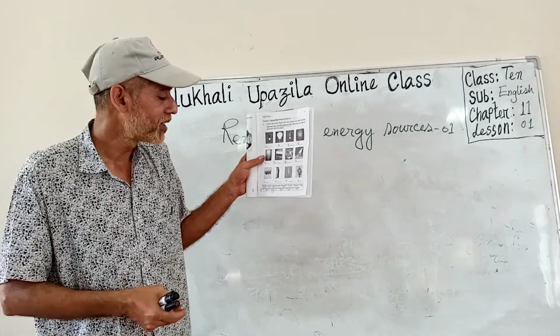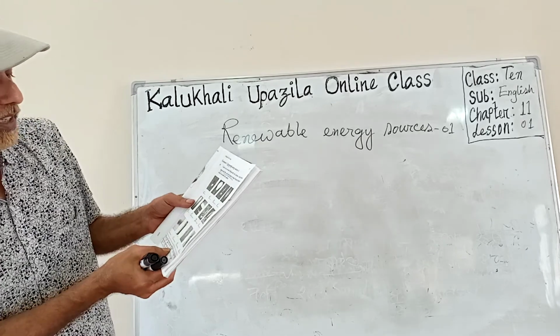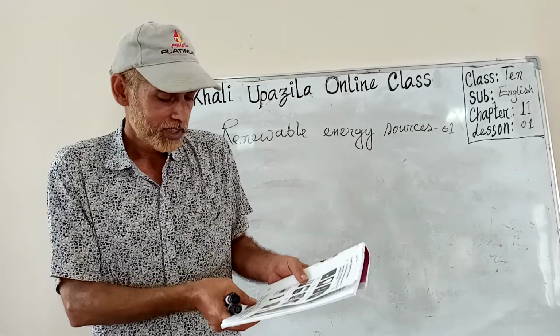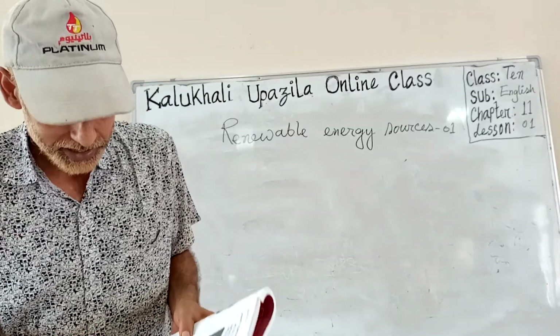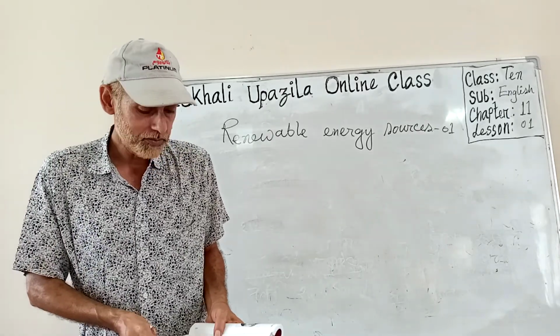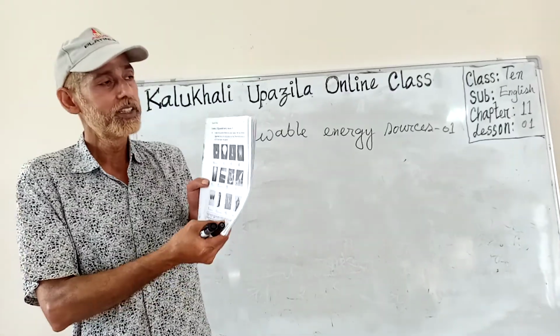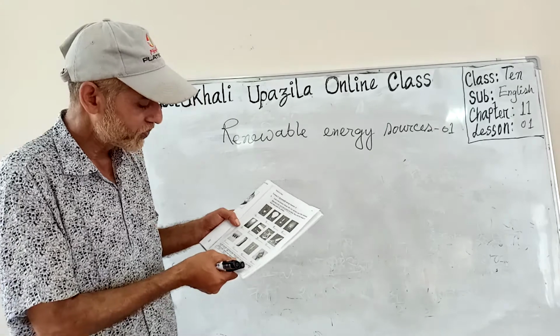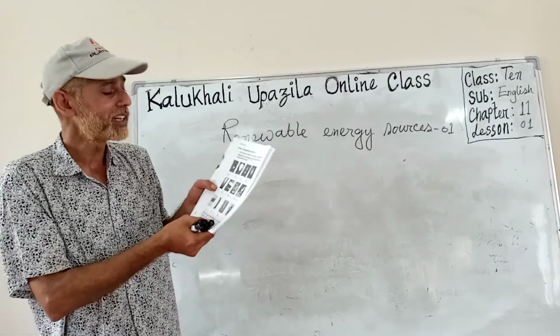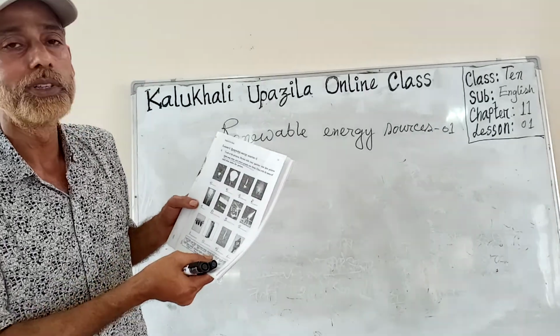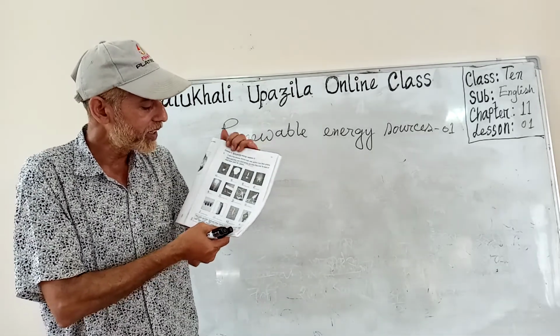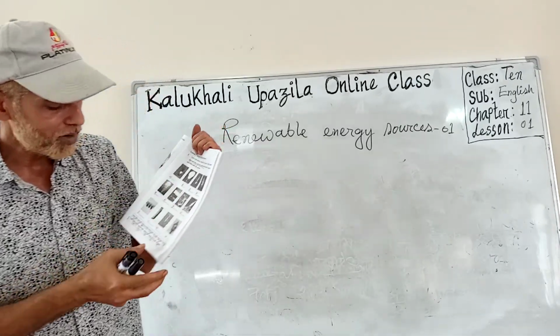First, it is a hurricane lamp. And then number 2, it is an electric bulb.